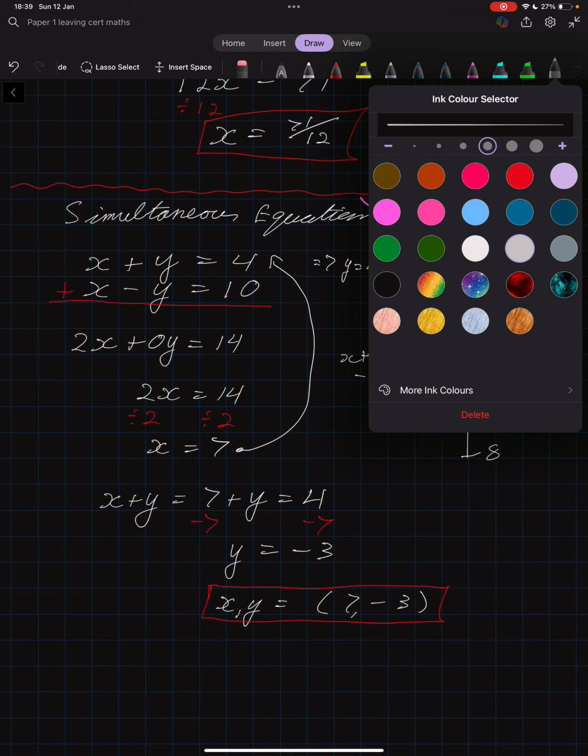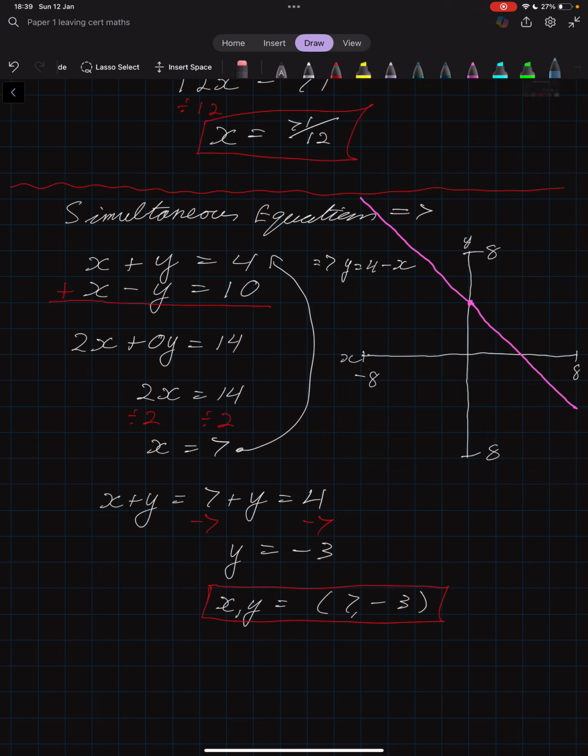So now, the other one, the second line, this is the y equals x minus 10 line. Okay? So, what we have is that your y-intercept is actually minus 10. So your y-intercept is here, and it has slope 1. Which means it'll look like this.